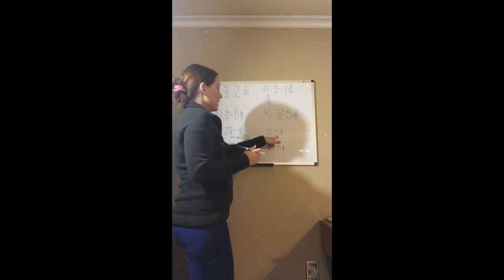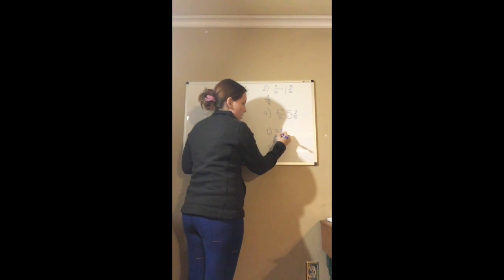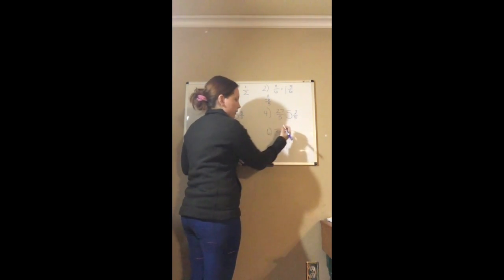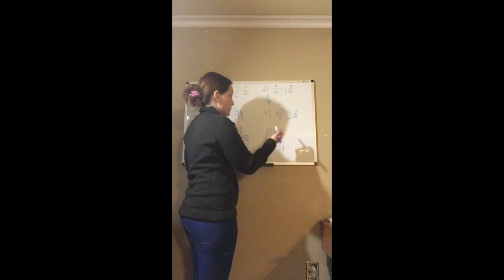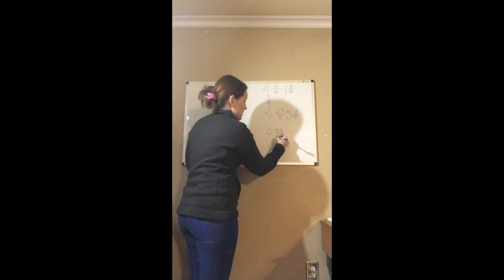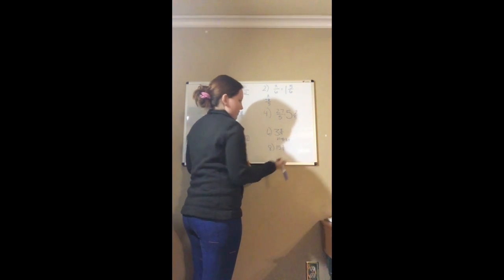All right, same thing here. When we have a mixed fraction, we take our denominator, multiply by our whole number, and add it to our numerator, or our top number. So we have 9 times 3 is 27, plus 8 will give us 35.